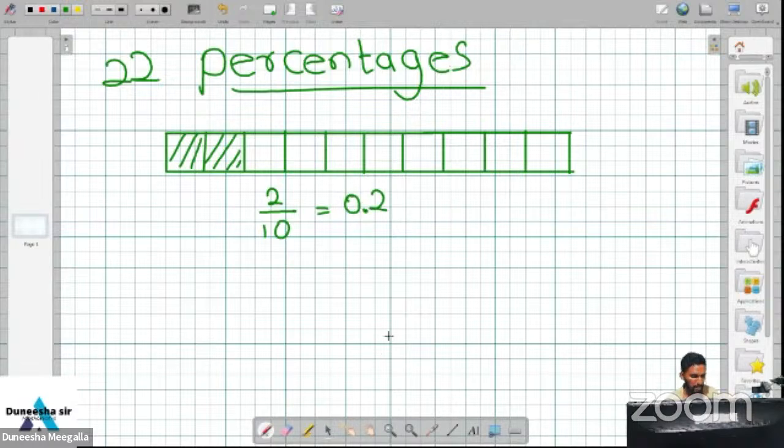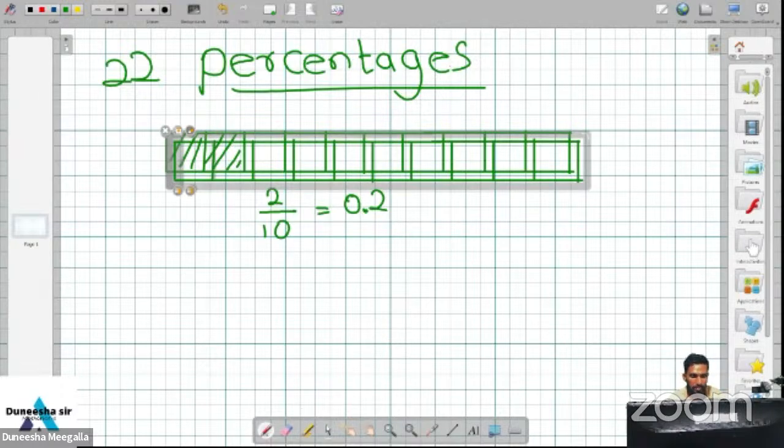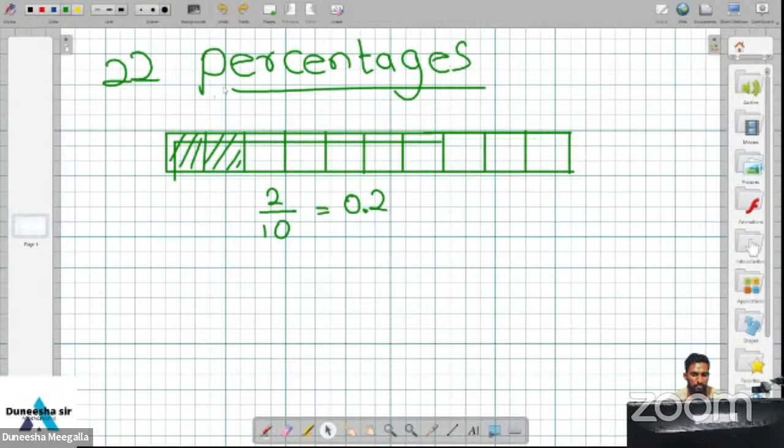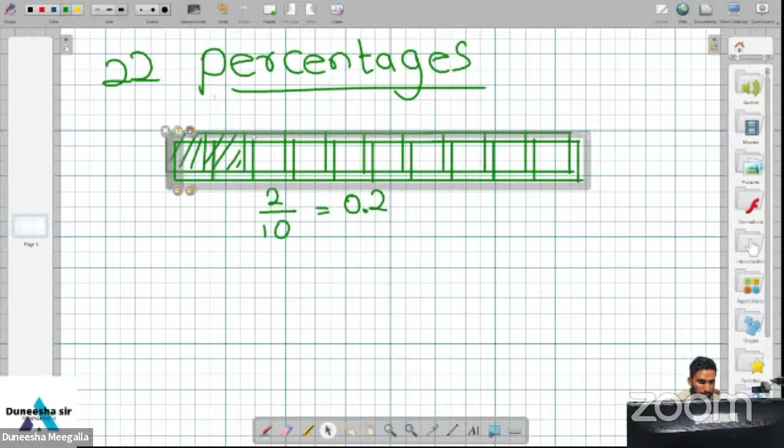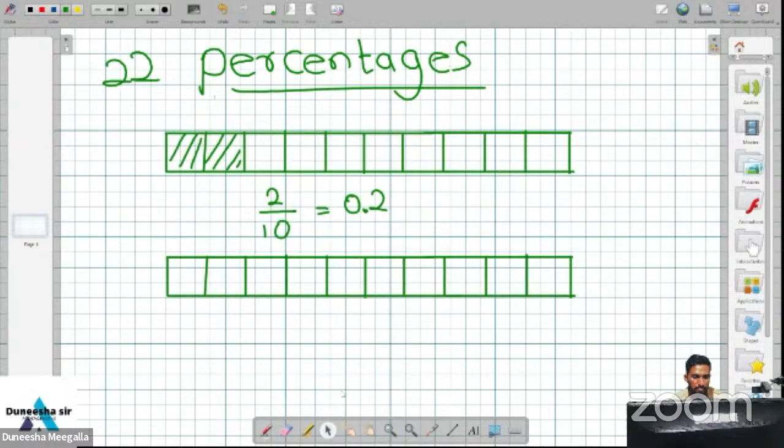Okay, then I am getting another. How much did I shade in the second one? 7.